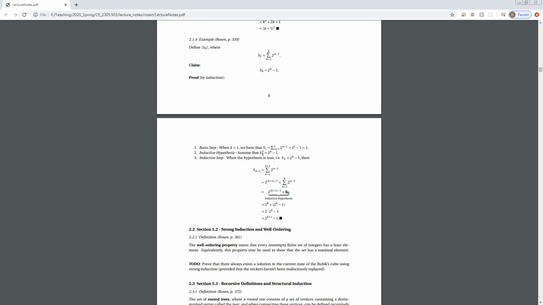By assumption, by this inductive hypothesis, the other sum, the first s sub k terms, is equal to this, right? So this has a definition, and so by definition, this is equal to this.